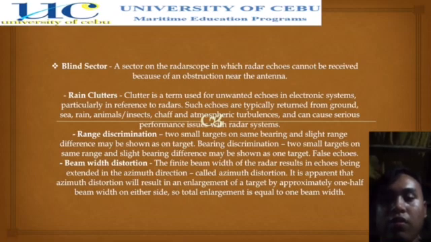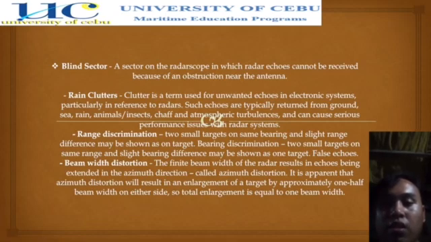The finite beam width of the radar results in the echoes' bearing being extended in the azimuth direction, called azimuth distortion. It is apparent that the azimuth distortion will result in an enlargement of the target by approximately one half beam width on each side, so the total enlargement is equal to one beam width.